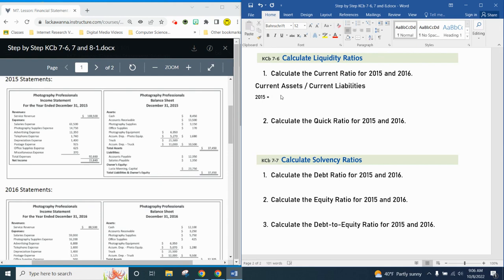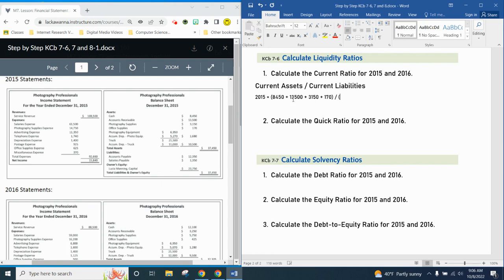We want our current assets, so we look at our balance sheet for 2015. Our current assets are cash, accounts receivable, photography supplies, and office supplies. We take all of those numbers and add them together, and that is going to equal our current assets.